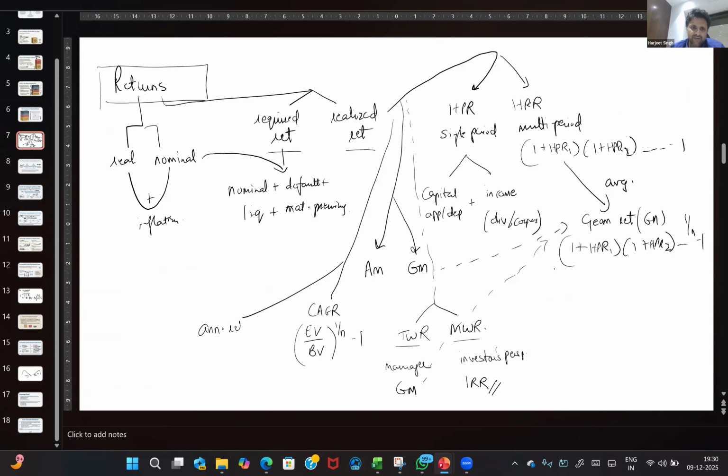Annualized return is also 1 plus HPR raised to 365 by days, minus 1. So that is how to annualize the return. This is also an offshoot of HPR, another variety of HPR.